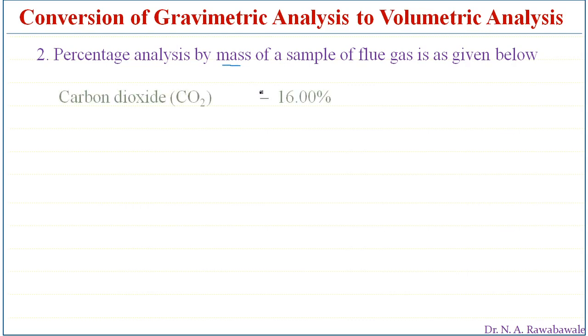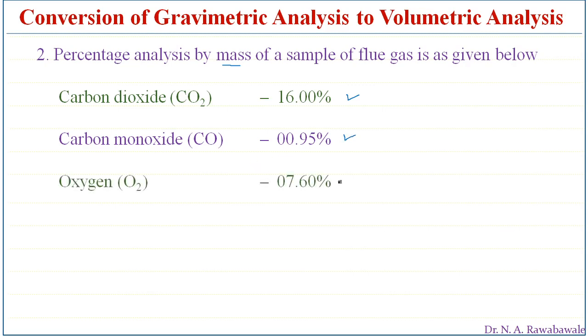So what it contains on the basis of mass: carbon dioxide is 16%, carbon monoxide 0.95%, oxygen 7.60%, and nitrogen is 75.45% by mass.